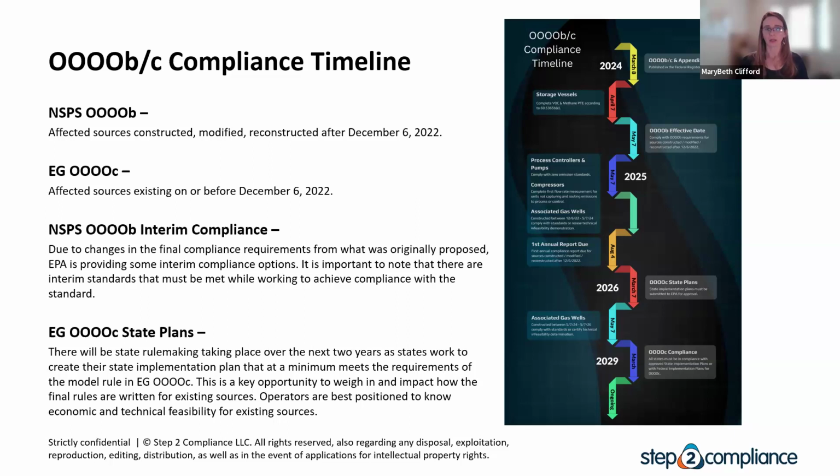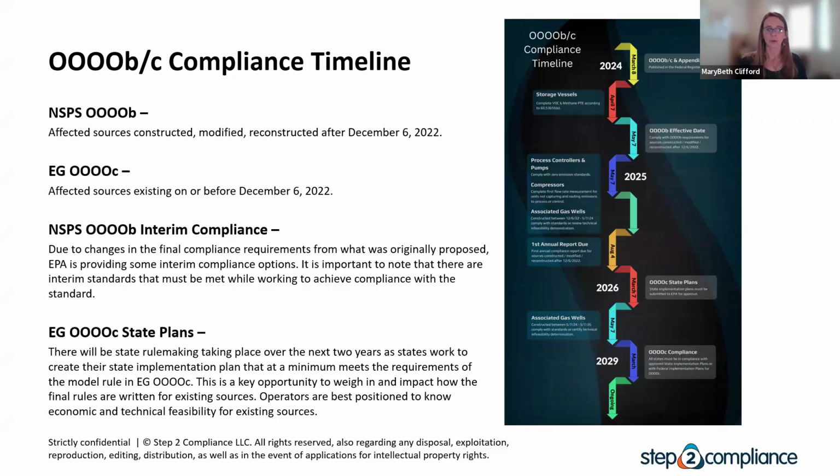So, we'll cover a few of those in here so that you can see, but it's also important to note that you have interim standards to achieve during that interim compliance period, but then you also need to know when that interim period is going to end so that you can ensure full compliance with the new standards.